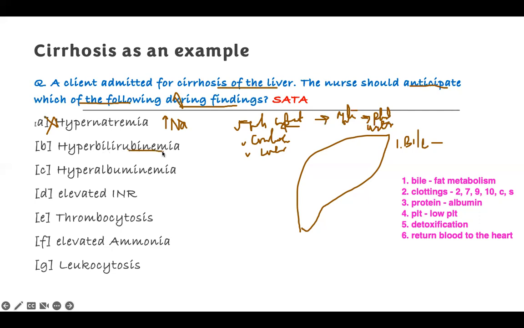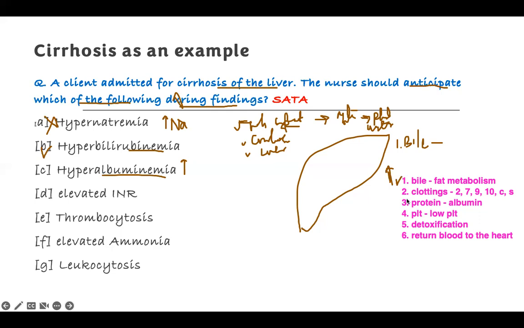Hyperbilirubinemia. Well, I told you what the liver does. It involves bile, fat metabolism. If you're congested, well, your liver cannot break down bile anymore. So the bile builds up. So that's why you have hyperbilirubinemia. So this is right. Hyperalbuminemia, basically increased albumin.